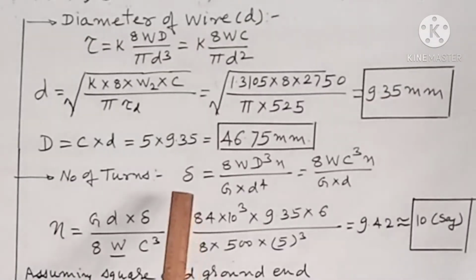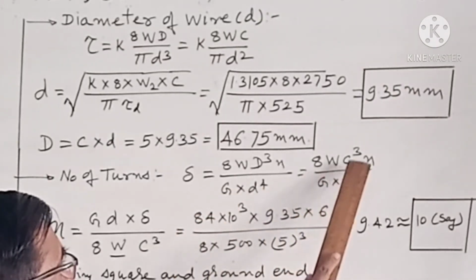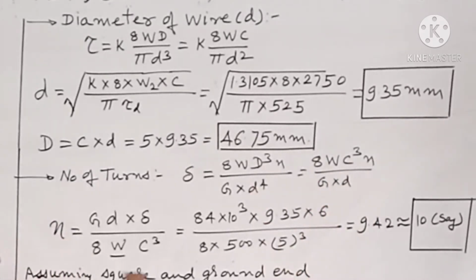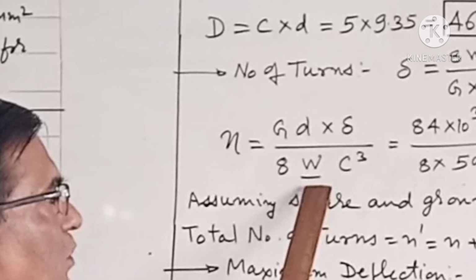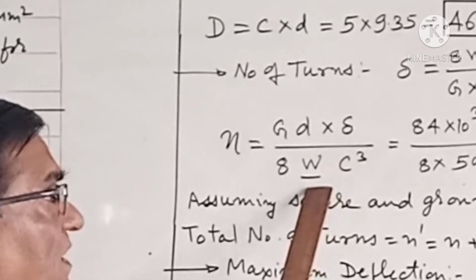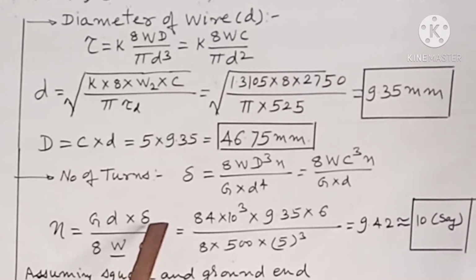From the formula, delta is equal to 8WC cube N upon G into d. Now substituting the value of G, wire diameter d, delta and W, care should be taken which value of W is to be taken, because delta is for the load range. Its value is given as 6 millimeter.